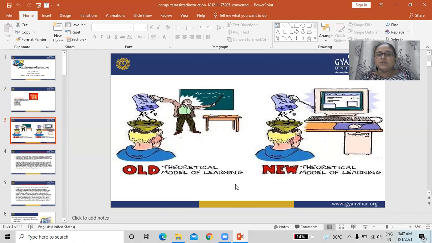In this slide, you are watching the old model of learning, teacher explaining all the things and doing practical, and the new theoretical model of learning, student using the computer instruction given by the computer and student doing the practical.